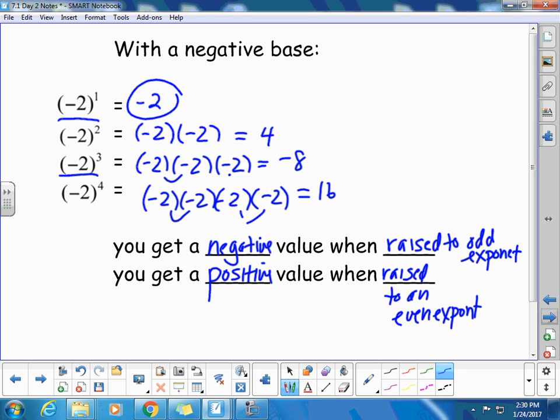Exponent. I skipped half the word. I misspelled it there and there, but exponent.